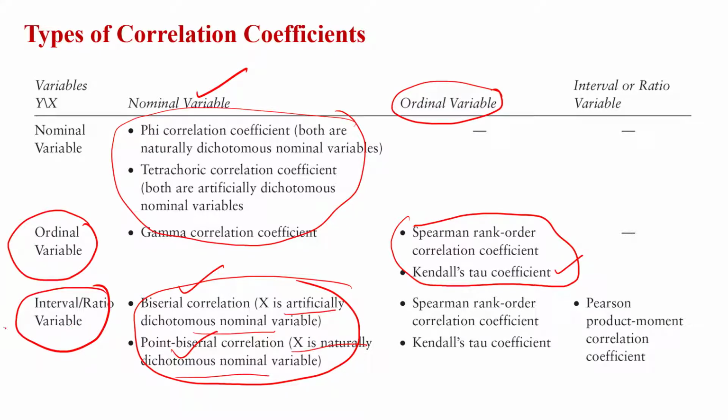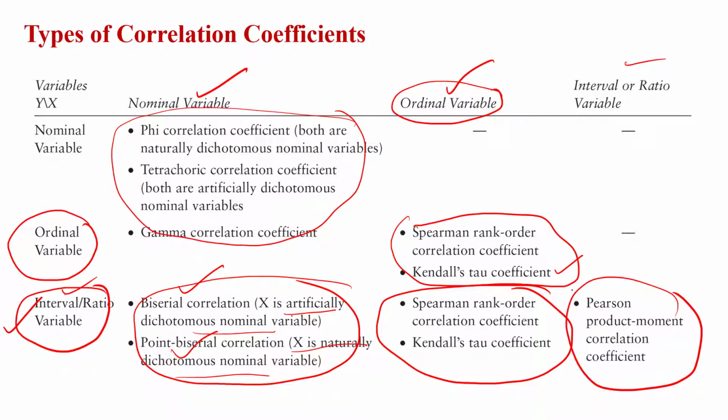If one variable is interval or ratio scale, whereas the other one is ordinal, again we can apply Spearman's or Kendall's coefficient. Similarly, if both the variables are interval and ratio, then we can apply Pearson product moment correlation coefficient if the data follow the normal. If data do not follow the normal, then we can apply bootstrapping or even Spearman's or Kendall's coefficient as well.